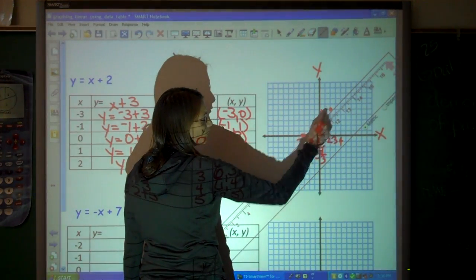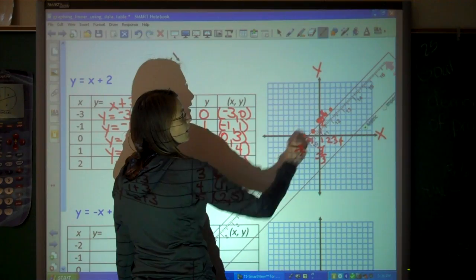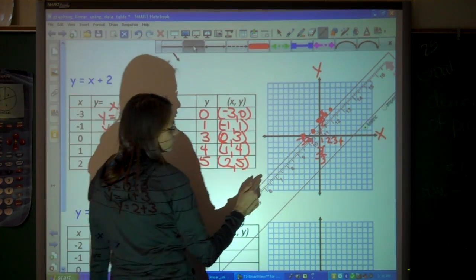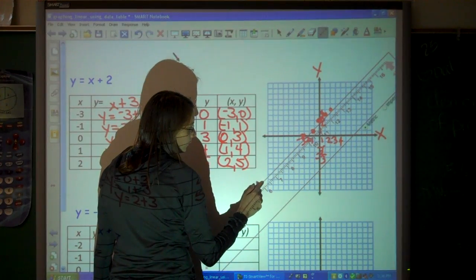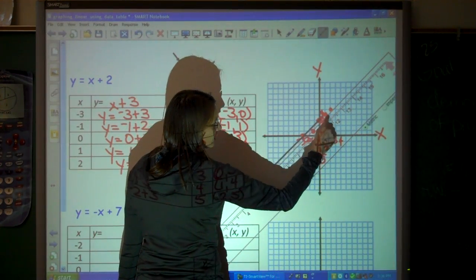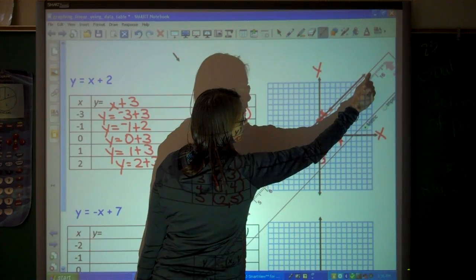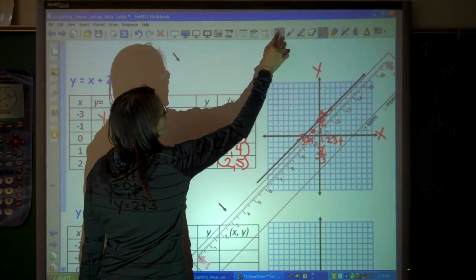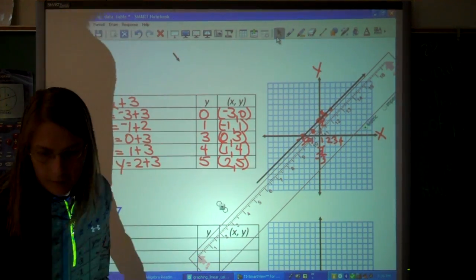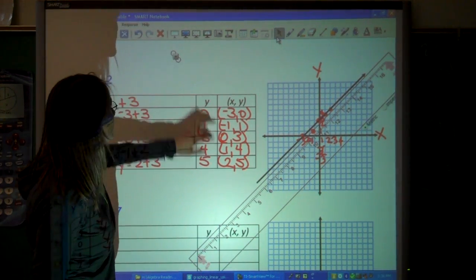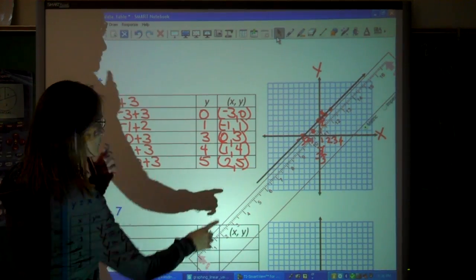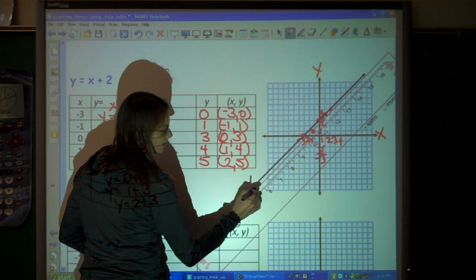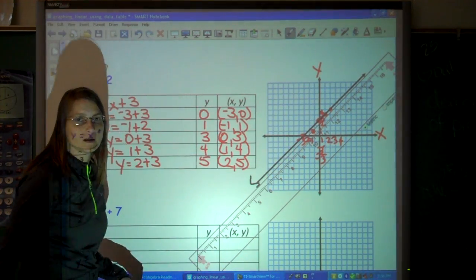Now, we don't go point to point. This is not dot to dot. We have to start way down here and come up way up high, because there are many points on this graph, but we were only given these. So there goes my line straight through. Oops, sorry guys. There are extra arrows up here, and because this one doesn't have an arrow, I need to draw an arrow here, and that shows that this line goes on and continues on.